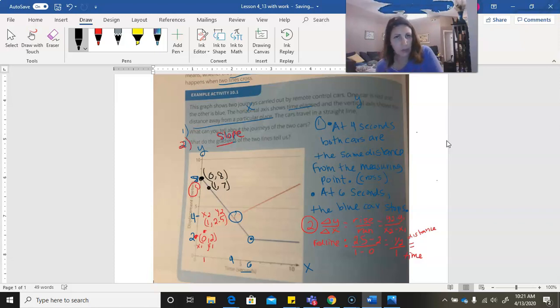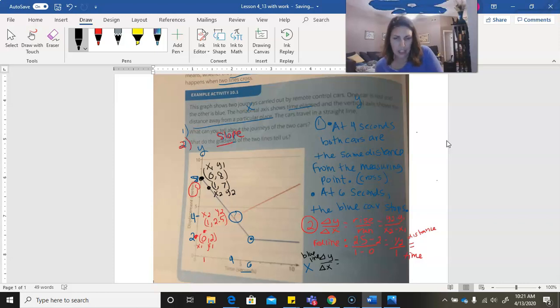So you can use those 2 points right here. This could be your x1, y1, and this could be your x2, y2, and you can go ahead and subtract them as well. Once again, you can calculate your change in y over your change in x, and this could be for your blue line.